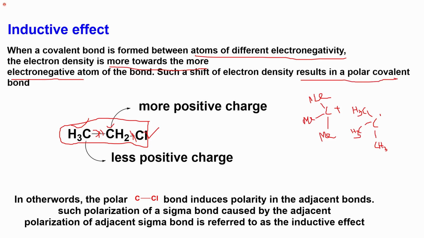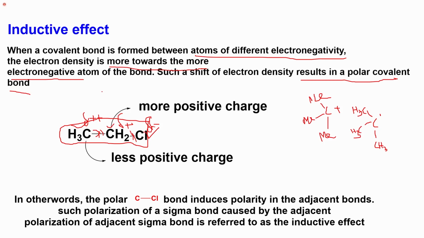So this is called a polar covalent bond. Now the Cl will be delta minus, this will be delta plus, and this will be delta 2 plus.